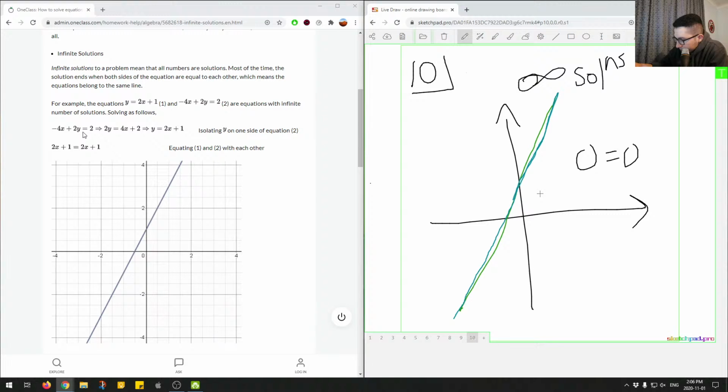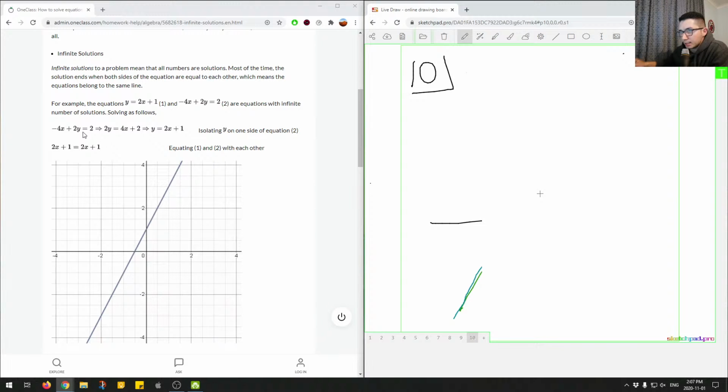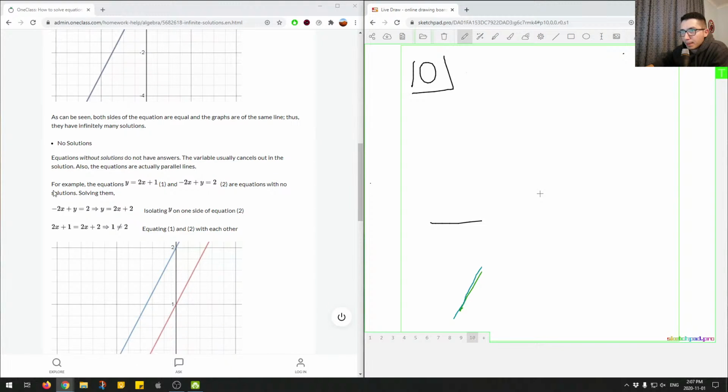Okay, so I'll also go through the situation that is not outlined in this question, which is one solution, and what does that look like, before going on to explain the next situation, which is no solution. So we know that one solution looks something like this.